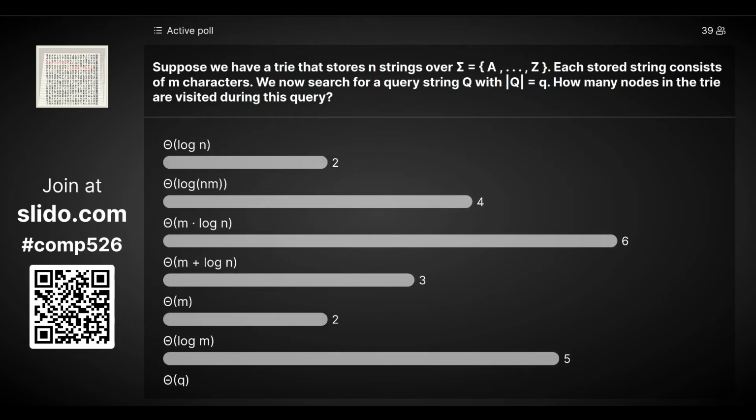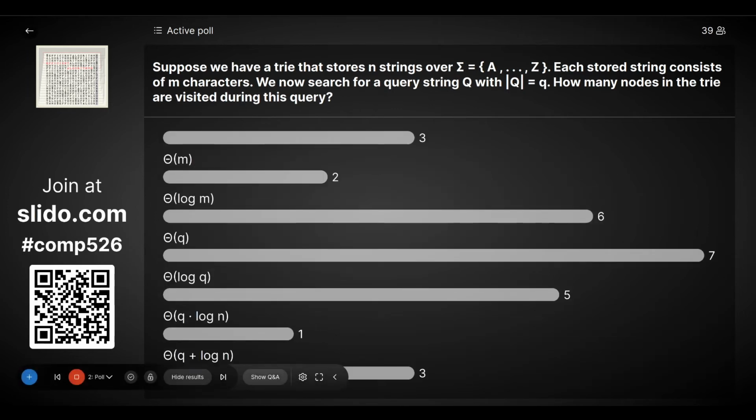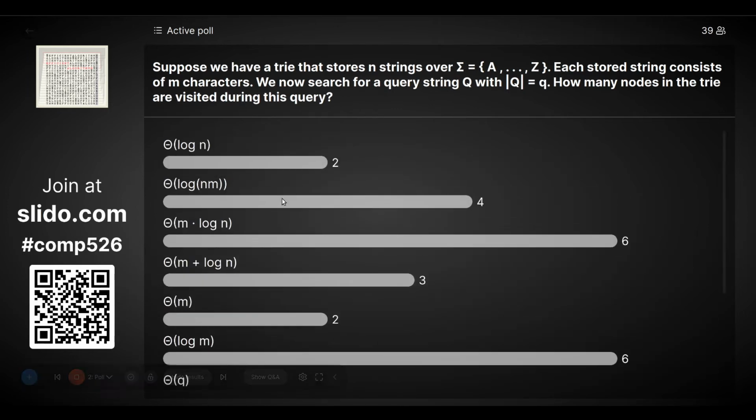It shows you that there's some favorite answers, but a lot of questions have got some votes.